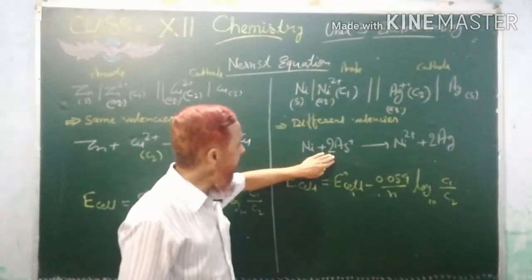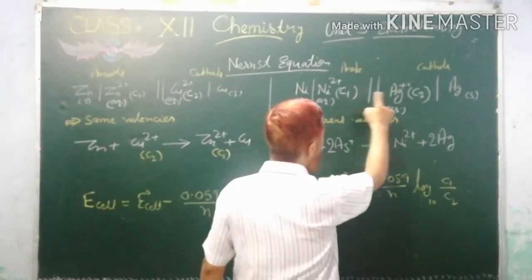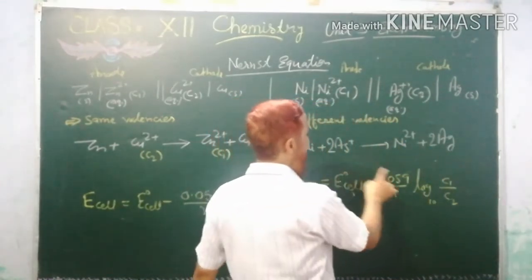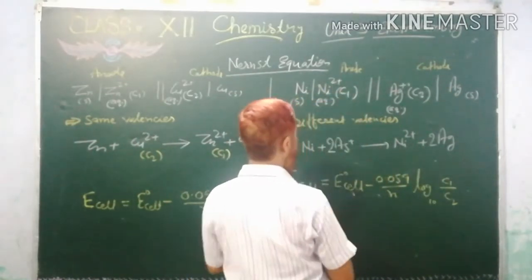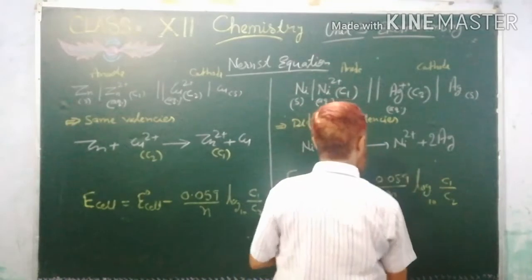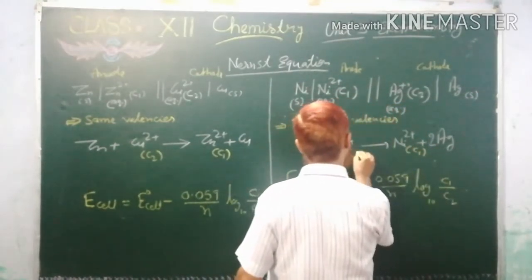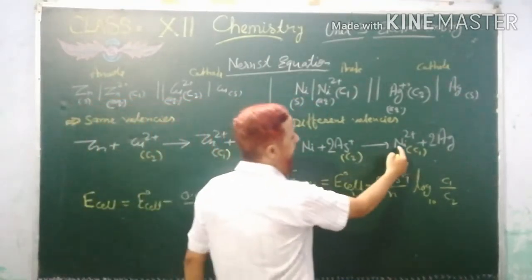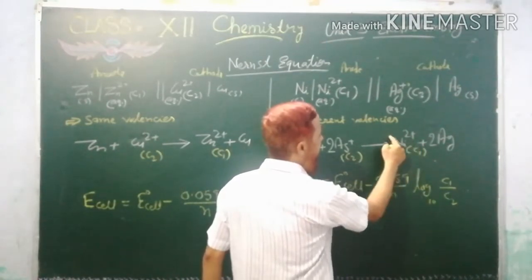So for this type of reaction, again C1 divided by C2, but now what will it be? The stoichiometry of C1, meaning Ni2 plus, is 1. You can see Ni, this is the C1 now. In the equation form, C1 will come this side and C2 will come this side, as you have seen here also. So you see the stoichiometry of Ni2 plus is 1.